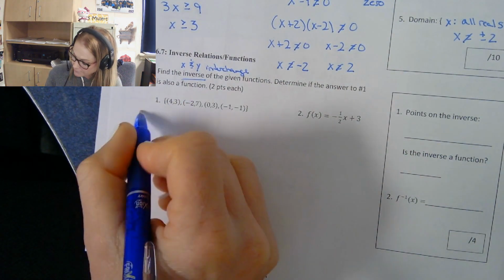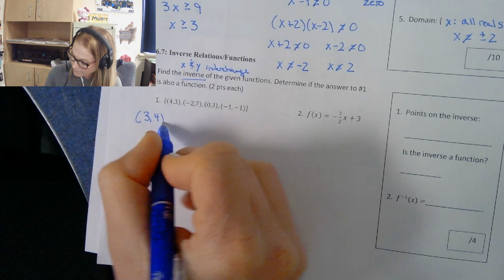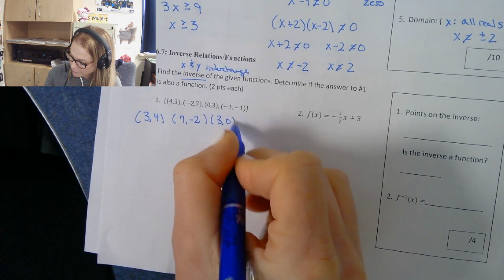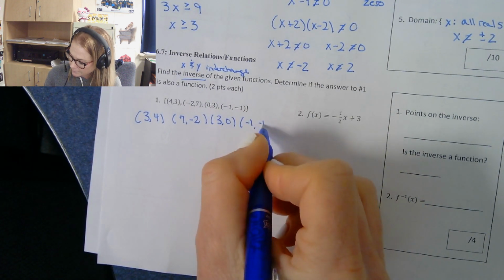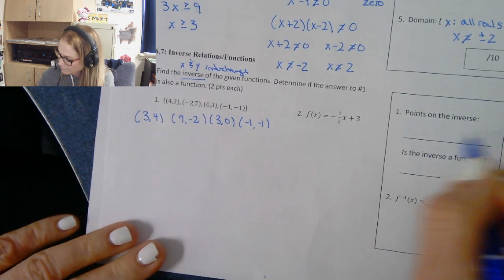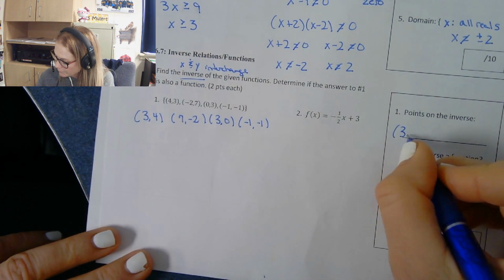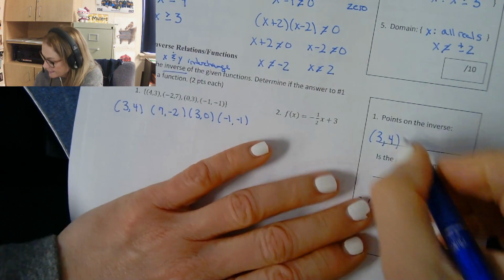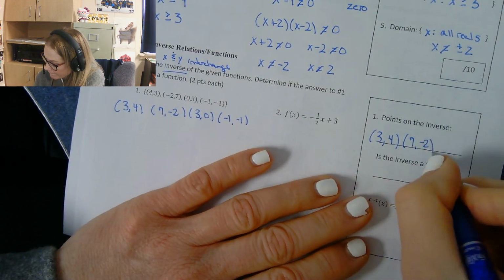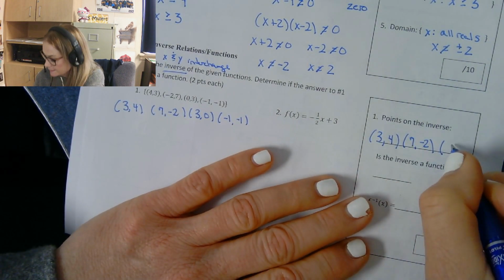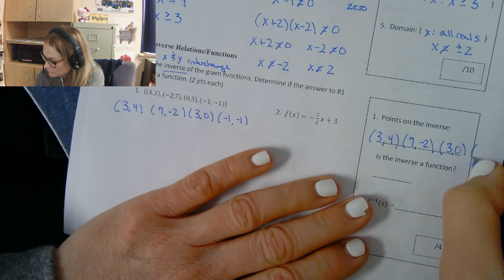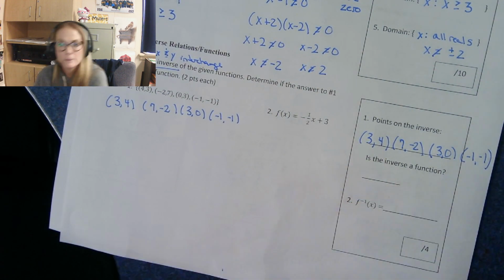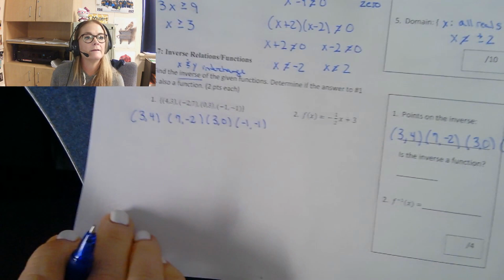So the inverse of this is going to be, points of the inverse would be, just rewrite this: 3, 4; 7, negative 2; 3, 0; and negative 1, negative 1.